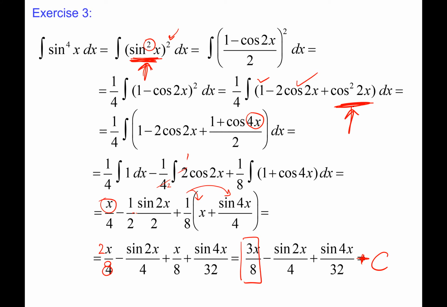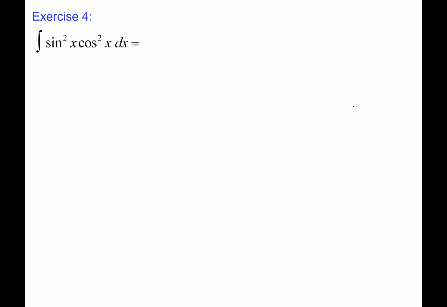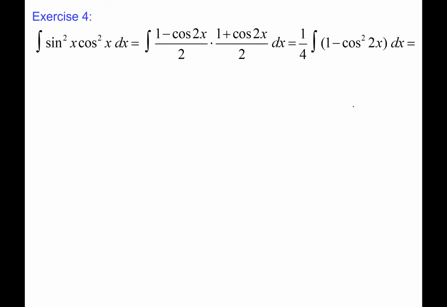Oh, I think I have one more. Okay, let's go fast through this one. Sine square of x times cosine square of x. It's quite long because we have to use the half angle formulas for both of them. 2 times 2 is 4. I can put 1/4 in front, and then I multiply these two.